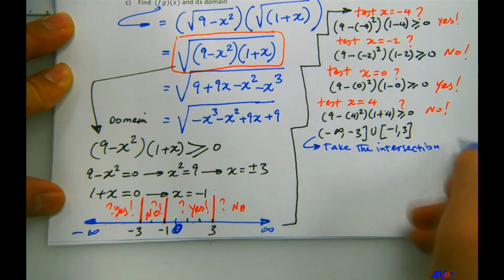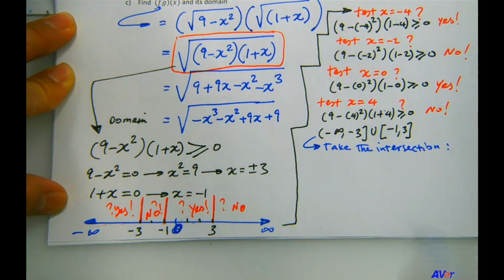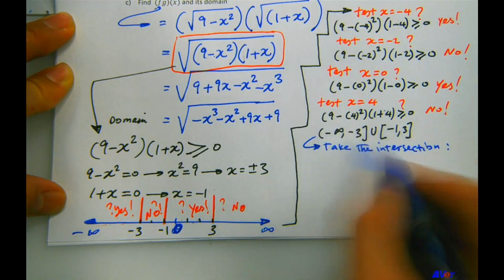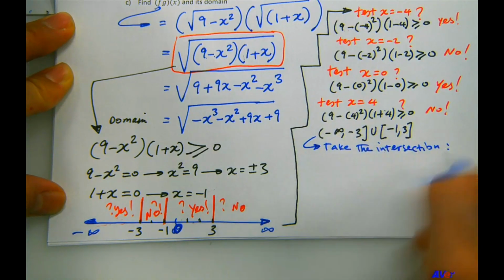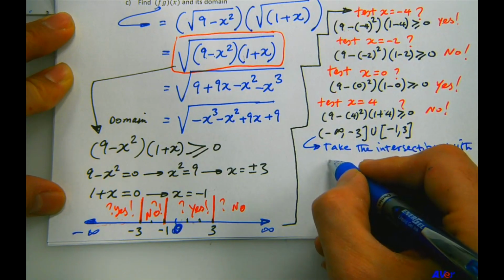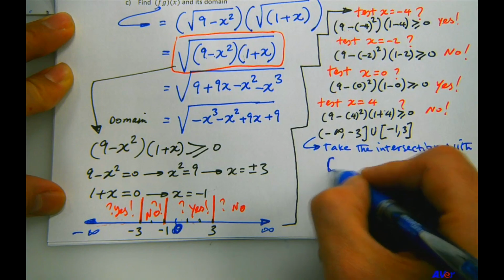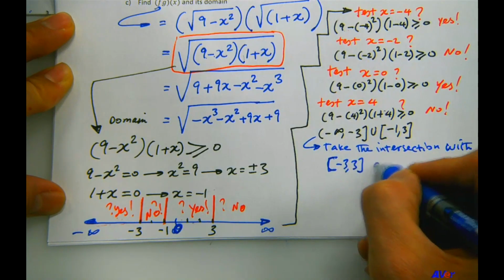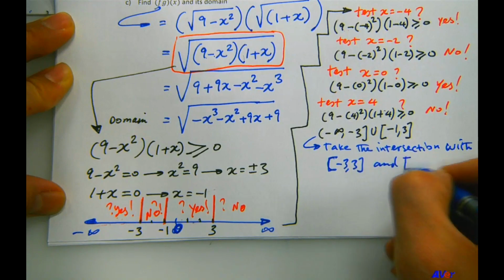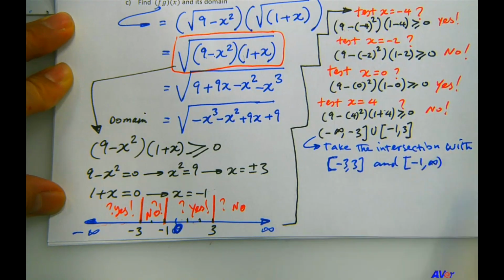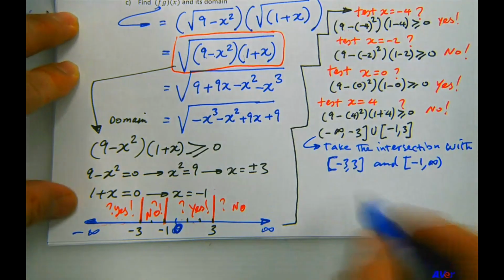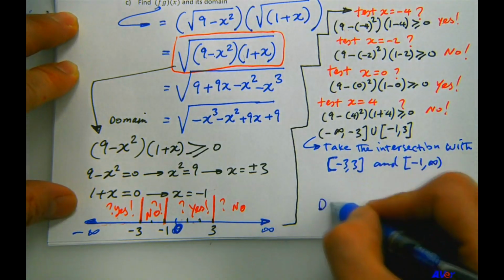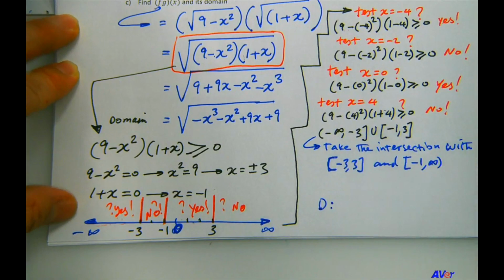Take the intersection of that with bracket negative 3, 3 and bracket negative 1, infinity. I'm writing it here so you can see it because it's off the screen. The final domain is going to be the intersection of all of those.